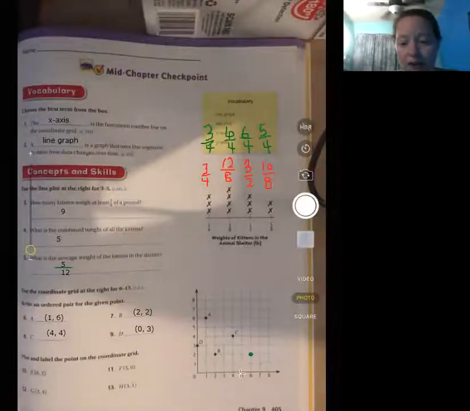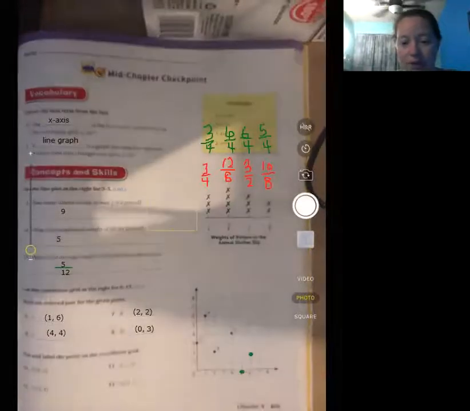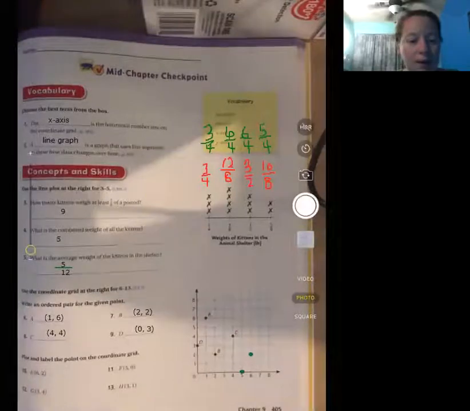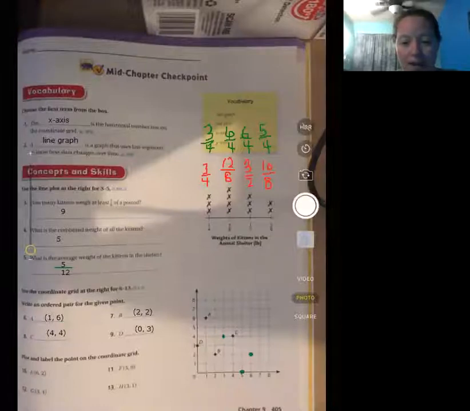So across 5, up nothing, and so we end up with an F there. 5, comma, 0. That's our F. G is 3, comma, 4. We go over 3, up 4. So that is where we end up with G. H is 3, comma, 1. So we go over 3, up 1. And that is where H ends up.